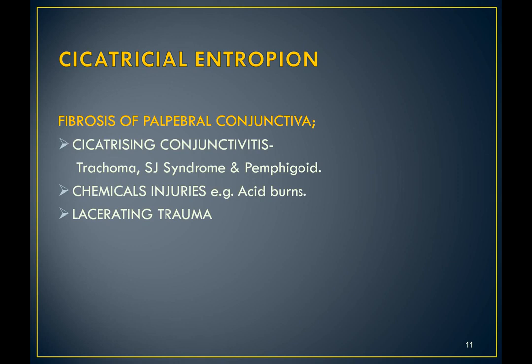Cicatricial entropion. Cicatricial entropion develops due to fibrosis in the palpebral conjunctiva. Due to cicatrizing conjunctivitis, conditions that cause conjunctival scarring like trachoma, Stevens-Johnson syndrome, and cicatricial pemphigoid, chemical injuries like acid burns, and lacerating wounds of the conjunctiva.